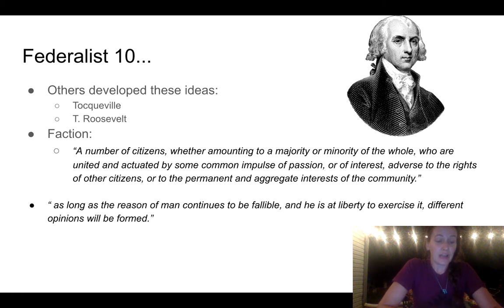By describing a faction as a group that is adverse to the permanent and aggregate interests of the community, it enforces that any group with common interests is not a faction. Only a group of citizens with common interests that are dangerous to the rights of other citizens or to the community in its entirety is a faction. Does that make sense? So a faction is only a faction if it actually endangers rights.